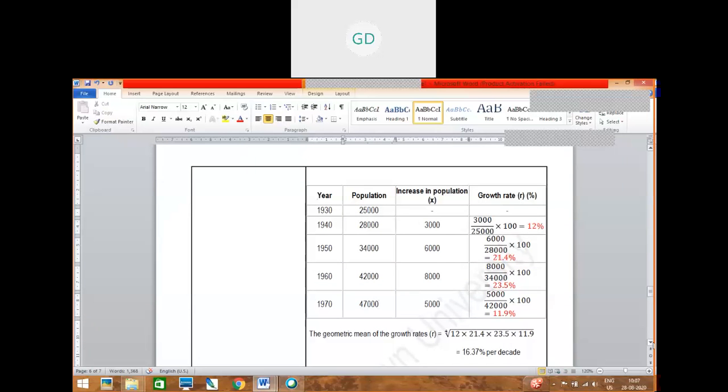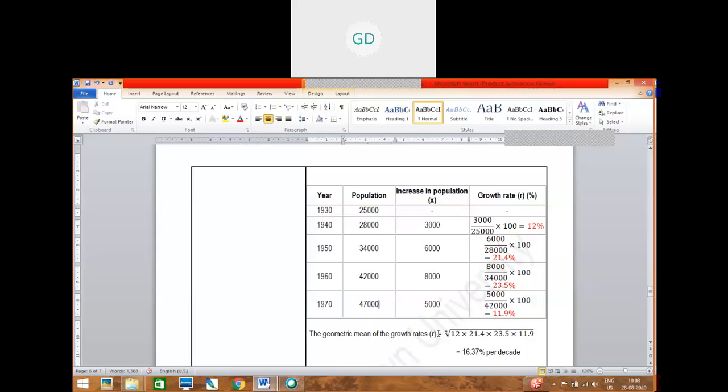Then after finding your growth rate, you need your geometric mean. Similarly to how in the arithmetic method you calculated the mean increase in population, here we need the geometric mean. How to find the geometric mean of the growth rate? You take the fourth root of the growth rate and multiply like this.